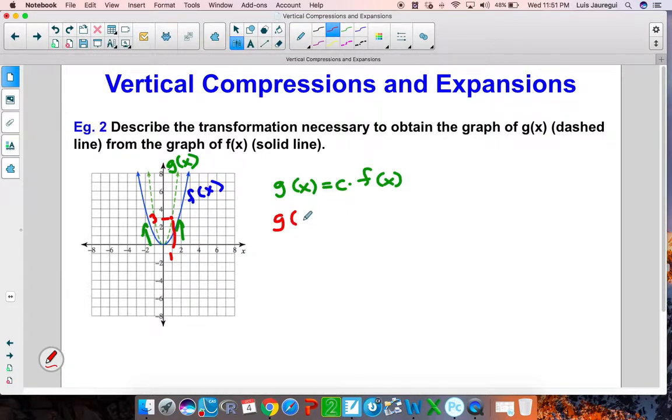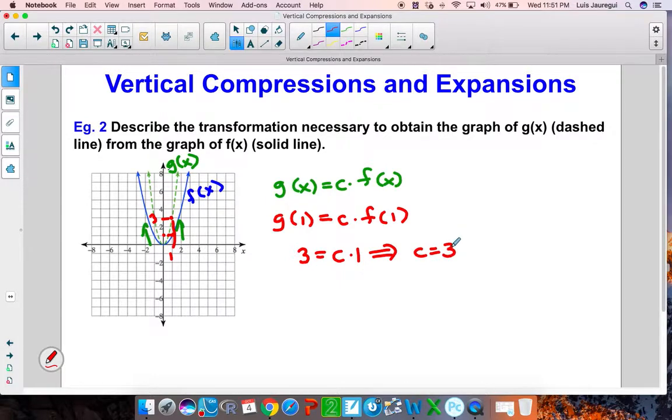I have g of 1 is equal to c times f of 1. Now g of 1 is equal to 3, and that is equal to c times f of 1. When I have an input of 1, my output for my blue parabola is 1. So we have that c is equal to 3.